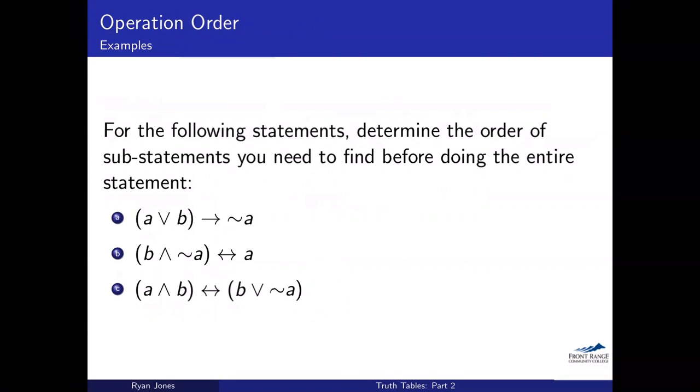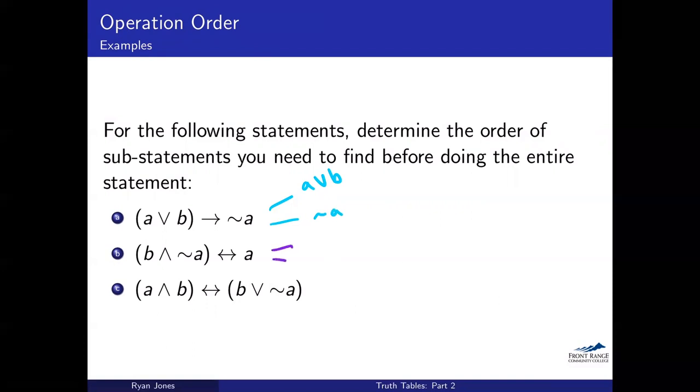So I've given us A or B, and that's in parentheses here, and that's in an if then with not A. So the subparts that I need are an A or B portion, and I also need a not A. Once I have those two portions, then I can just put them together in an if then, and I'm golden.